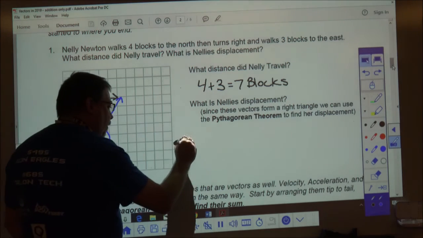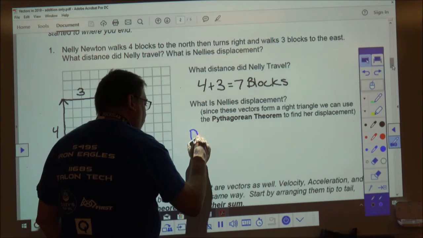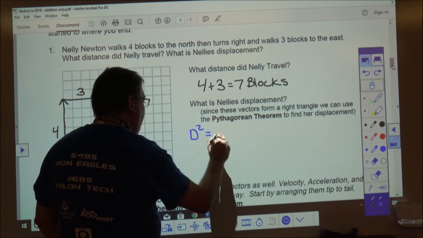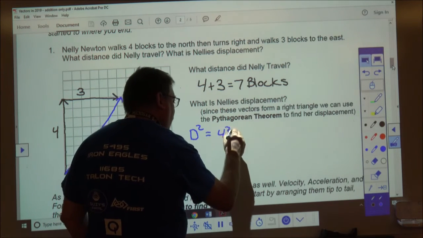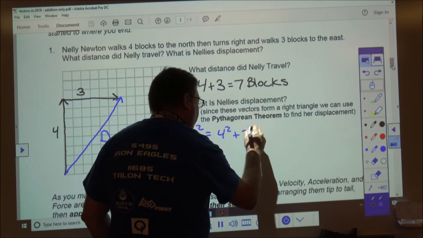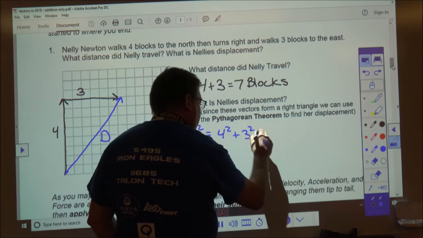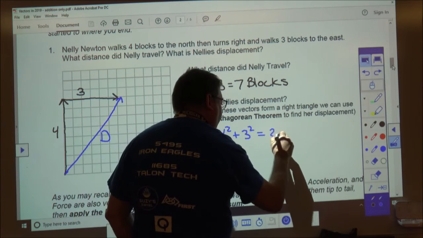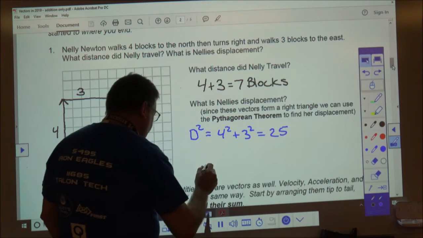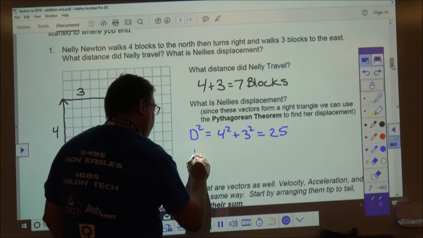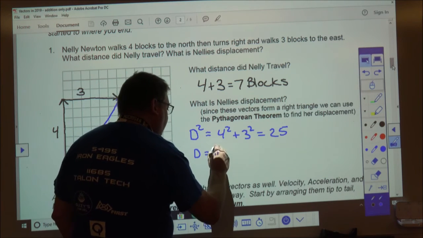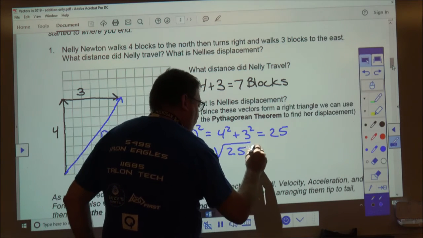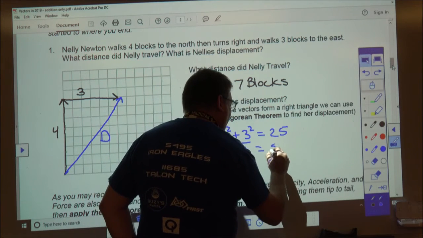So d squared is going to equal 4 squared plus 3 squared, which is 16 plus 9, which is 25. So d is going to be the square root of 25, which is 5 blocks.